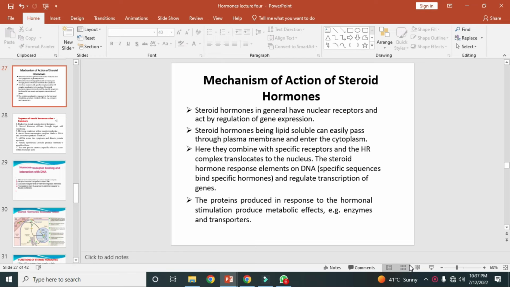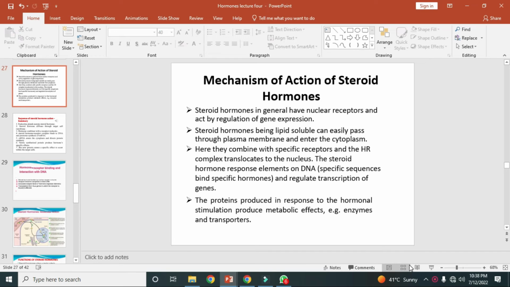This binding alters the genetic information within that particular gene present in the nucleus and results in a new messenger RNA formation, which is produced after transcription. This new messenger RNA is translated into a new protein, with the help of an altered gene in the cytoplasm of the target cell.